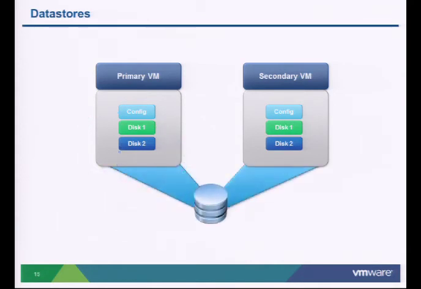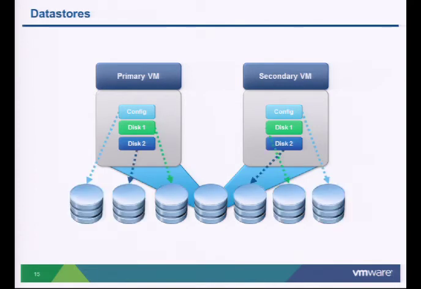Likewise, when you create this FT VM, you're creating a second VM. By default, you can imagine stuffing everything on the same data store, both your primary and secondary VM, including all the VMDKs. Analogously with the normal case, you can also spread all this data across multiple data stores. You can take every component of each VM, pick and choose, and place it on a different data store should you desire.